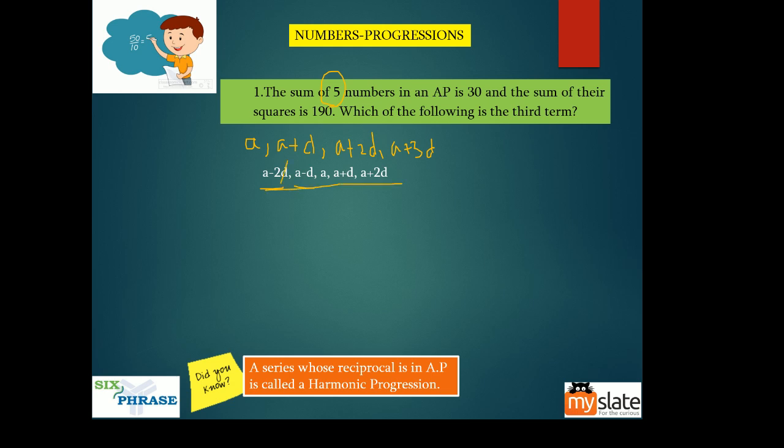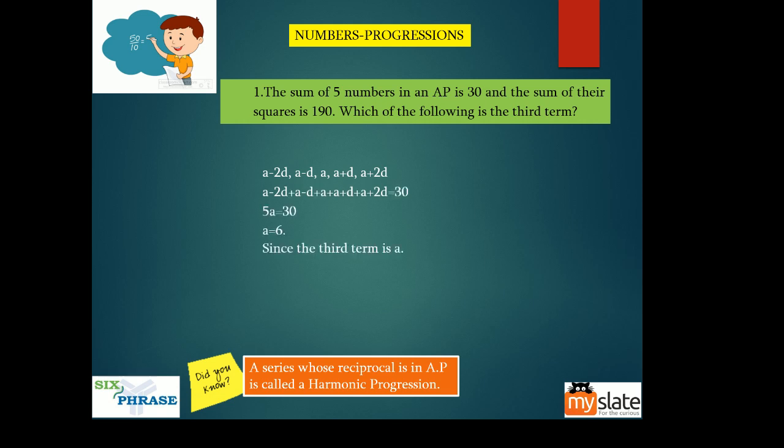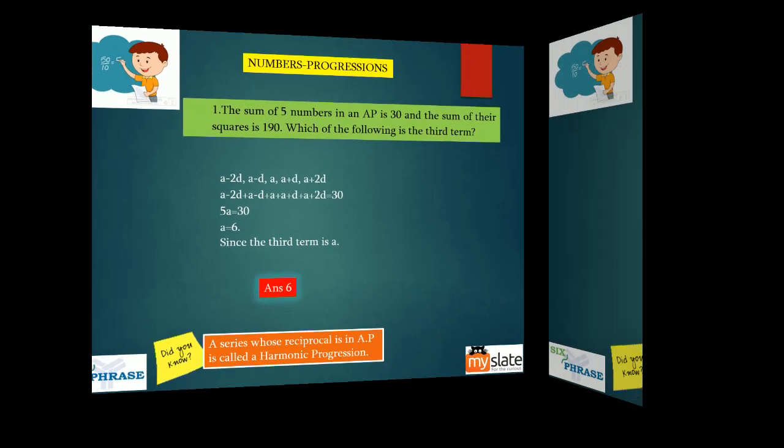When you do the sum, this and this will get cancelled, this and this will get cancelled. All the D's will get cancelled. You are left with A alone. For this reason, we are writing it like this. So they have given the sum to be 30. If you cancel it, you will get A to be 6. A is the third term here. Look at the first term, second term, third term. So our answer is 6.